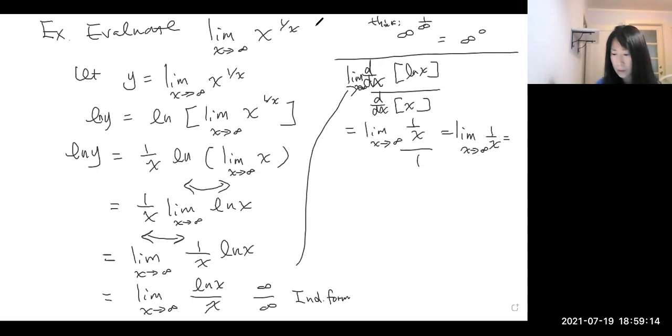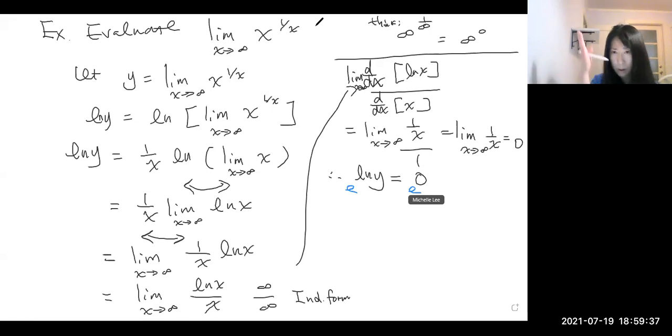0. Very good. Now, we said that ln y equals 0, right? Now we want to know about y, okay? So then we take e, the opposite of taking ln, right? So we take e on both sides.